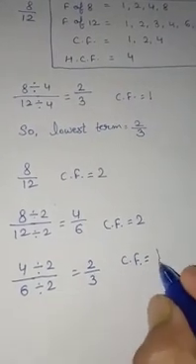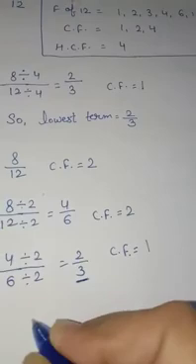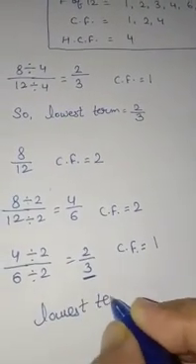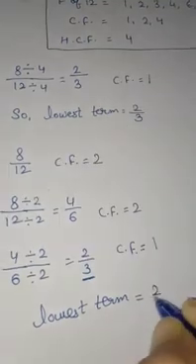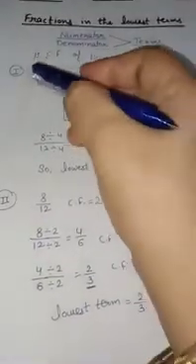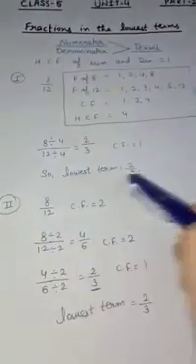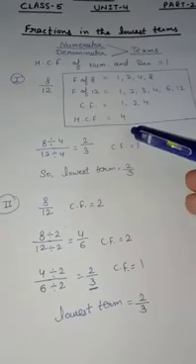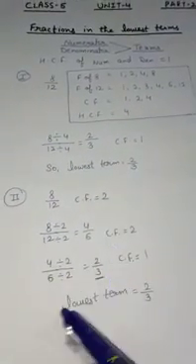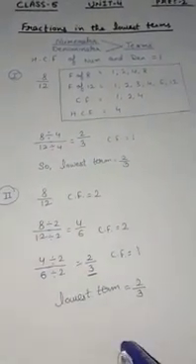So, when the common factor is 1, the fraction is in its lowest term. These are the two methods: first, by finding the HCF, and second, by finding the common factor step by step and dividing the resultant fraction.